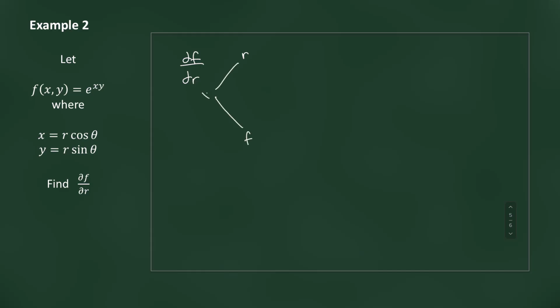And x is a function of r and y is a function of r. Notice we could add a theta here if we wanted to, and we could look at that diagram as well, which would enable us to find the partial of f with respect to theta. But that's not what we want to do here, so we're just going to stick to our diagram for r.